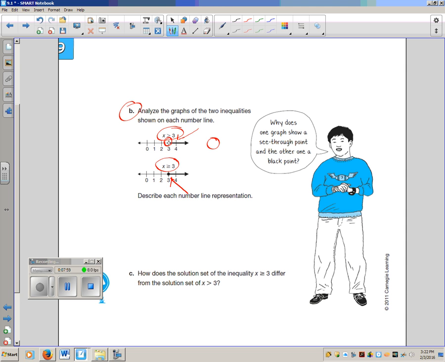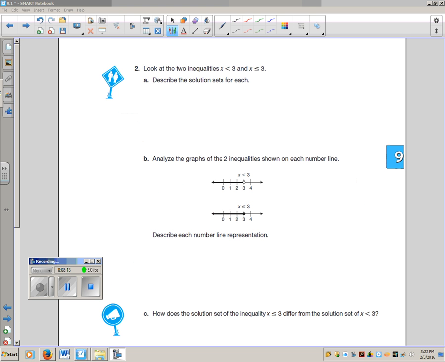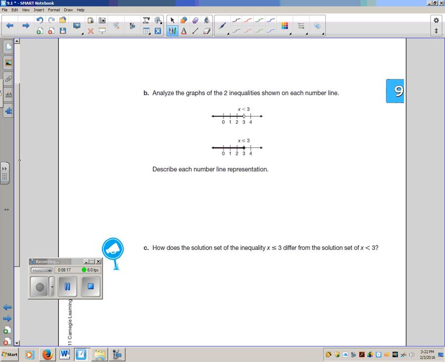When you have the equal sign underneath, it's a closed circle, because that includes. So when you're graphing, if it's not equal, you got to have the open circle. If it's equal to, close your circle. It also works the same if it's less than or equal to.